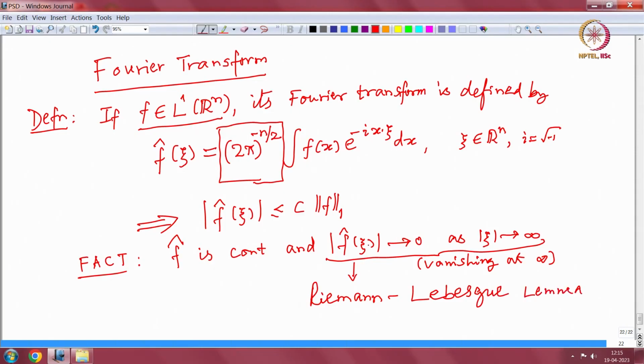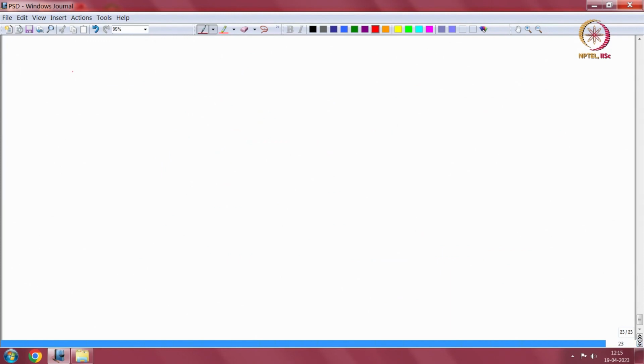Let me sketch a proof of that vanishing at infinity, and the same technique we can use for proving continuity. So, let me just concentrate on the Riemann-Lebesgue lemma. Proof, sketch.